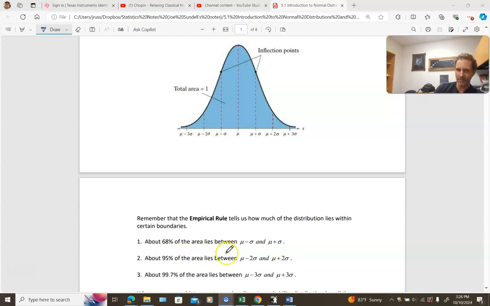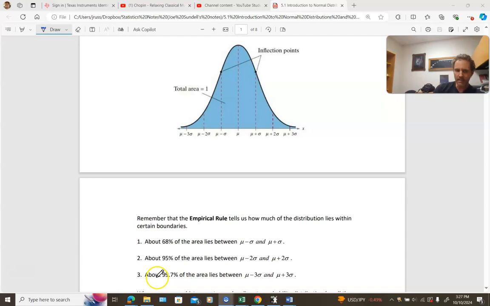And then 95% of the area is going to lie within 2 standard deviations of the mean. So in other words, from here to over here, whatever those 2 values of x are, you're going to encapsulate 95% of the distribution, 95% of the values of that continuous random variable.